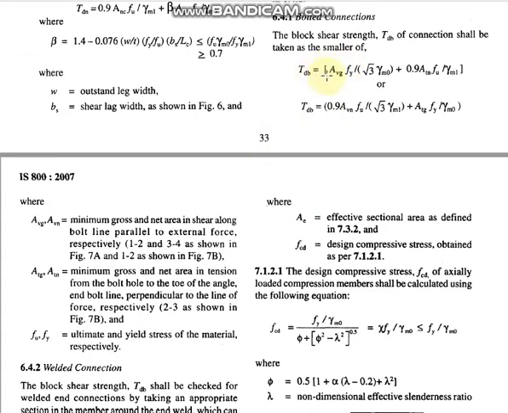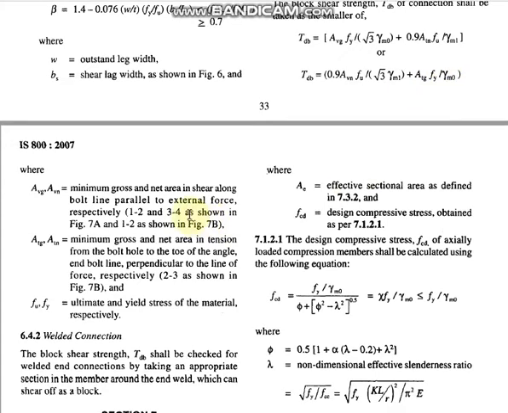Here the first Tdb is equal to Avg into Fy by root 3 gamma m0 plus 0.9 into Atn into Fu by gamma m1, or the other Tdb, that is block shear strength, is equal to 0.9 into Avn into Fu by root 3 into gamma m1 plus Atg into Fy by gamma m0, where Avg and Avn indicate the minimum gross and net area in shear along bolt line parallel to external force respectively.